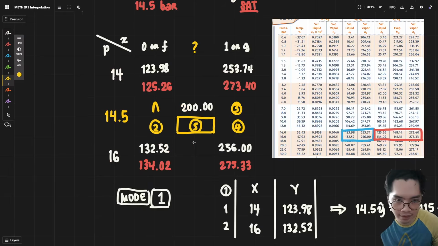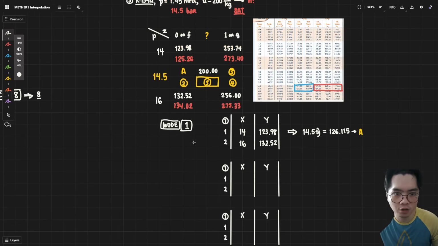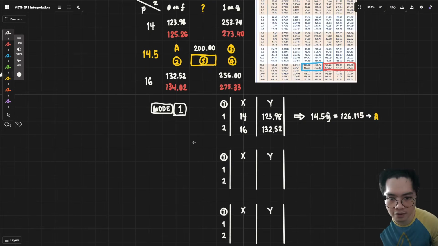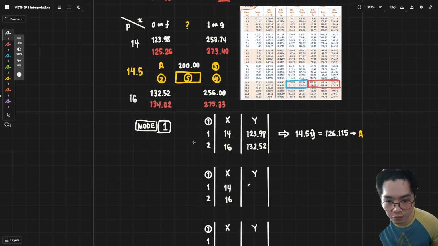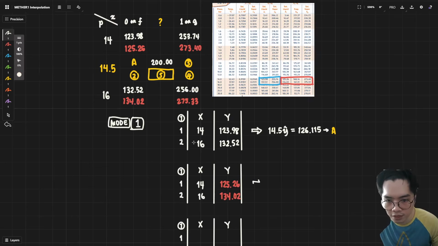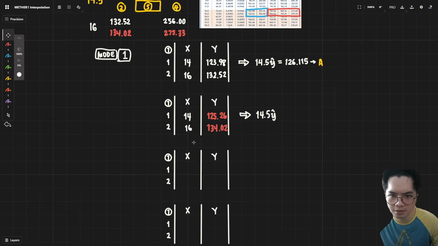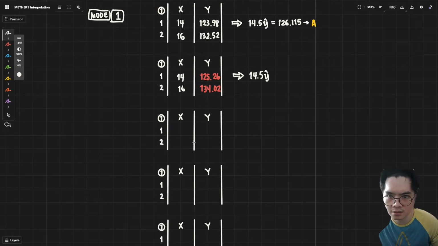Okay, A. Next, we go with our H values instead. So 14, 16, you will now go through 125.26, and then 134.02. And again, you will ask for 14.5 y hat. And honestly, let's just copy paste this as well.